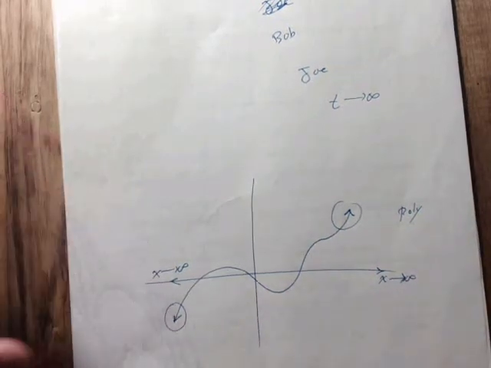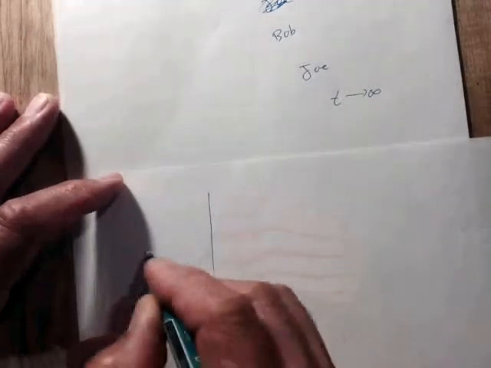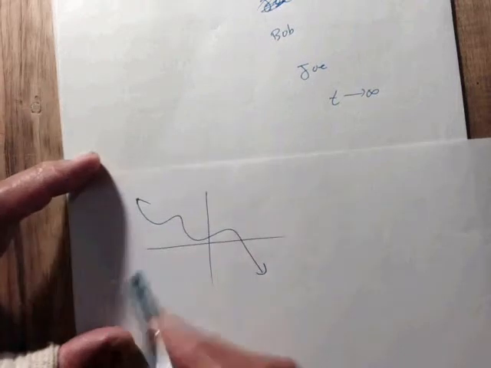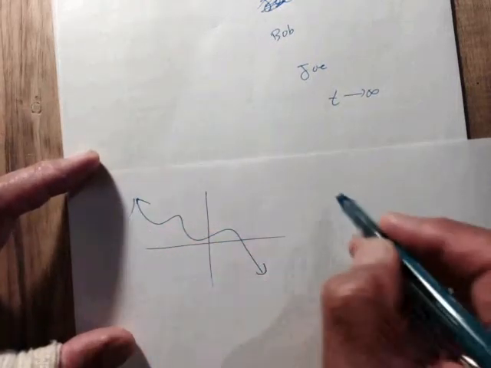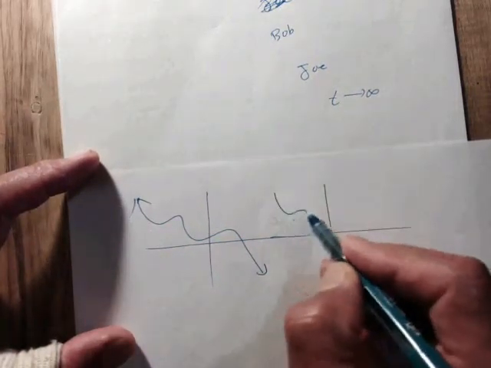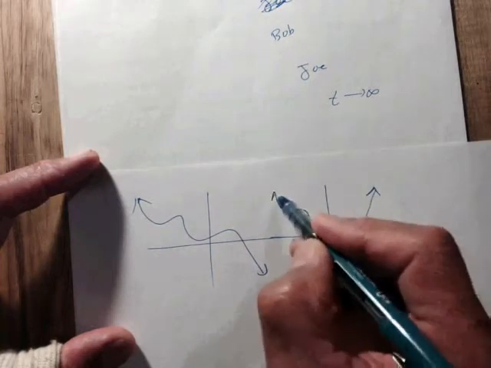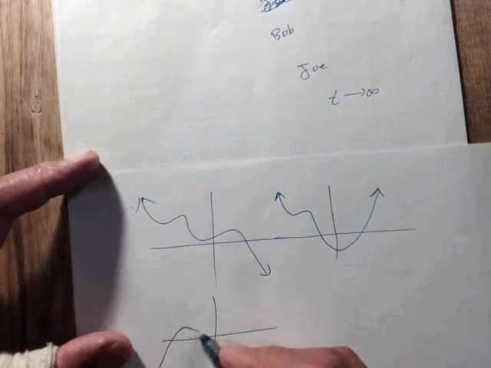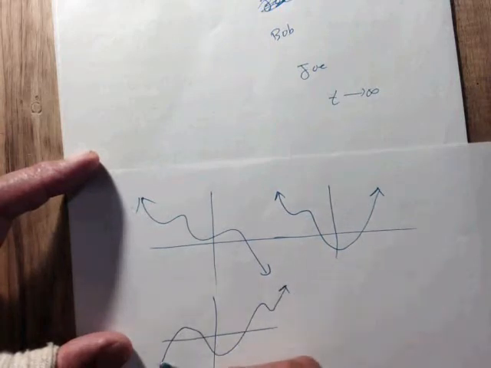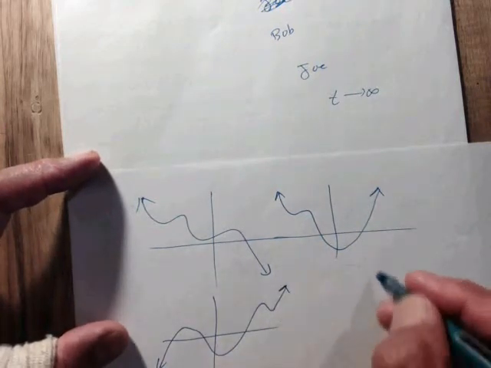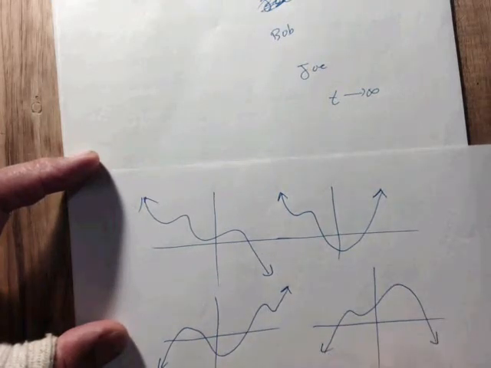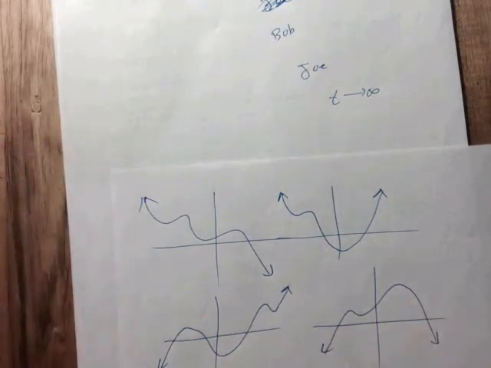As I said one more time, for polynomials it could be like this: up to the left, down to the right, or up to the left, up to the right, or down to the left, up to the right, down to the left, down to the right. This is for polynomials.